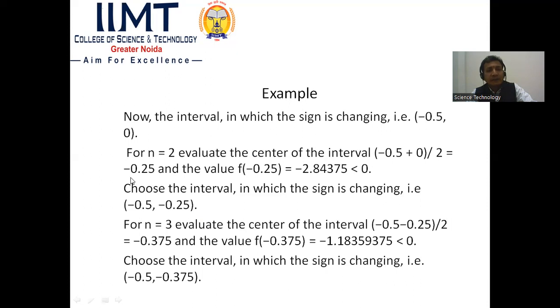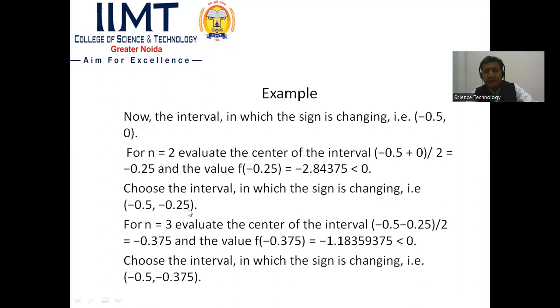So this way we have a new interval, minus 0.5 to minus 0.25, in which the function is changing sign. So the root lies in this interval.